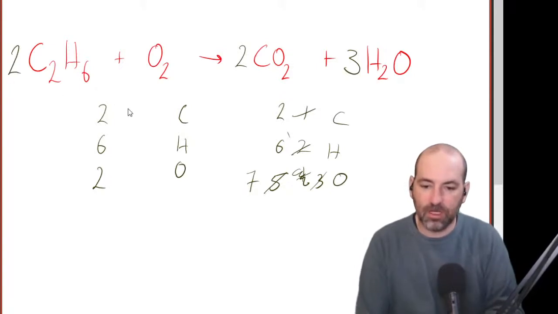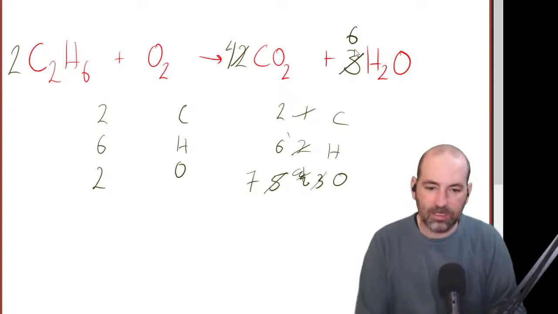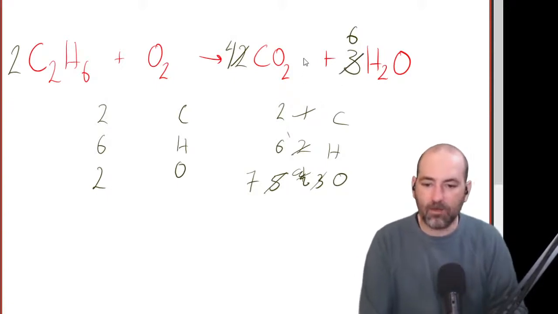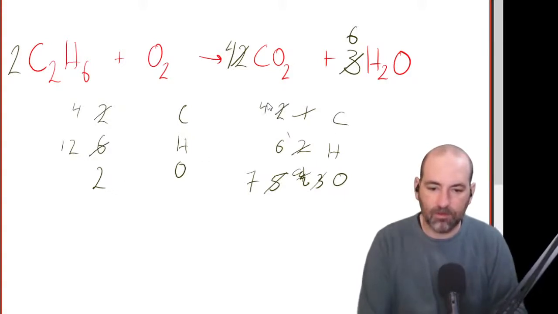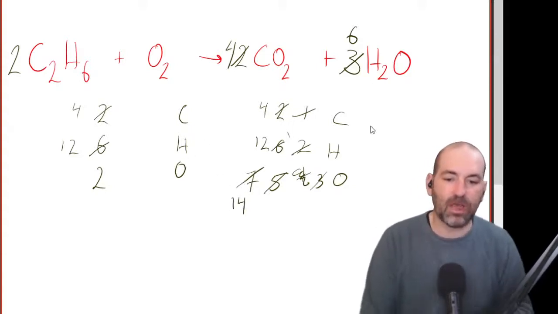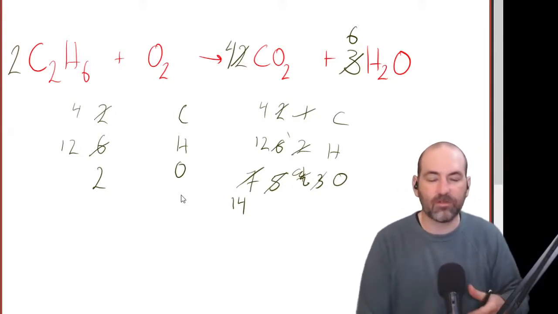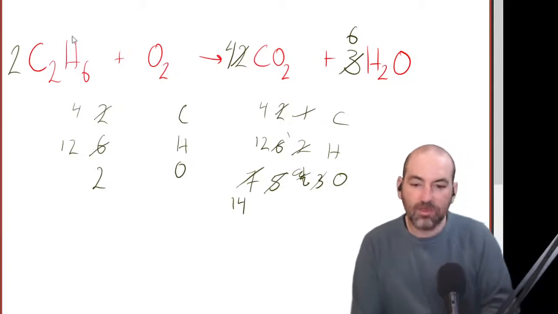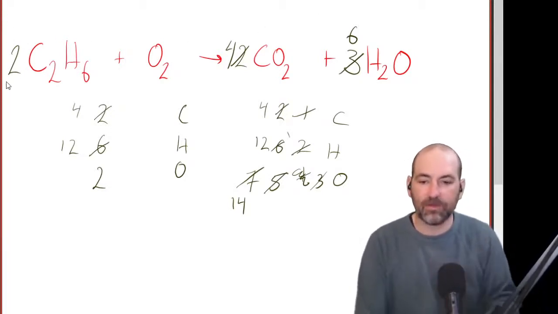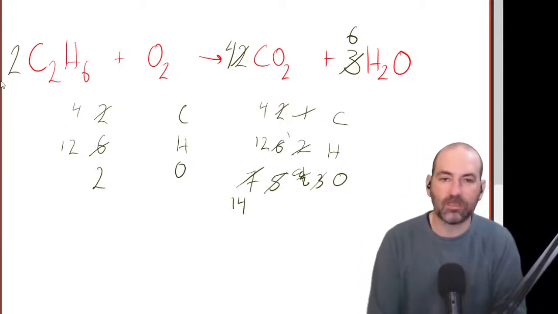So if we put a 2 here and a 4 here and a 6 there, now we have 4, 12, 4, 12, and instead of 7, we should have 14. And the reason we double everything is just so that we don't have to balance everything again. All the work we did is still done. You could just say, well, let's go back and erase everything and just start with 2 of these. And that would also work.